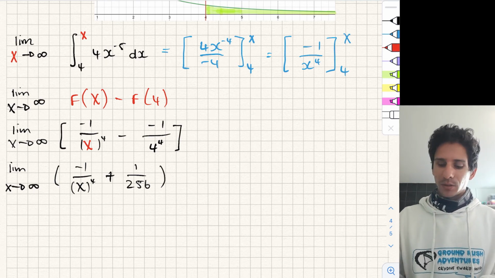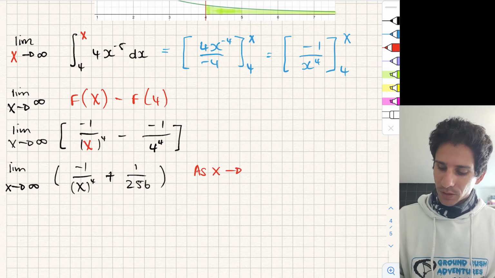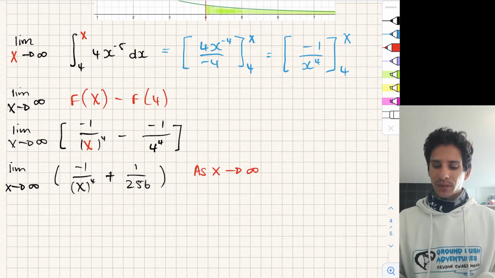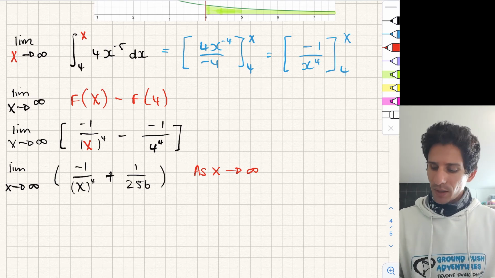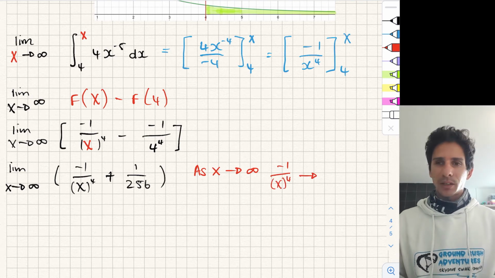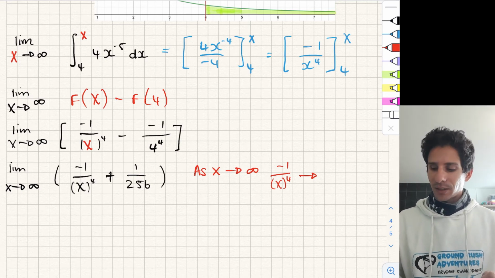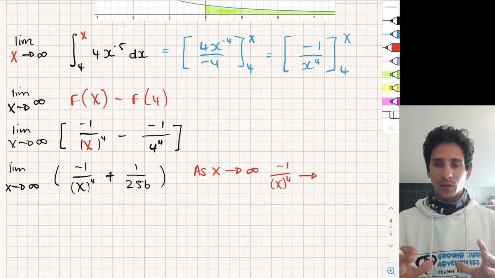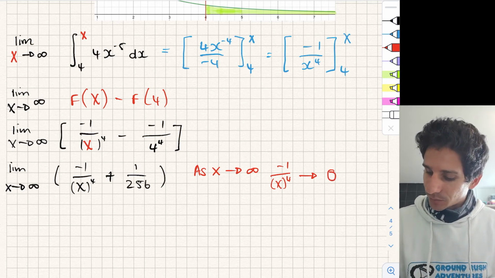Right, I'm now ready to evaluate my limit. As x approaches infinity, as that x gets bigger and bigger and bigger, what is happening to minus 1 over x to the power of 4? Well, we can see as we get bigger and bigger values, our denominator is becoming infinitely big, which means that thing's becoming very, very small. In fact, it starts approaching 0.